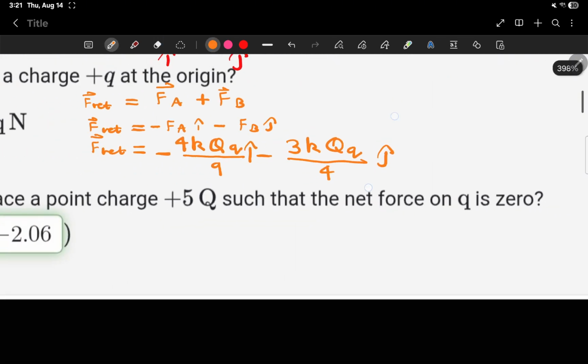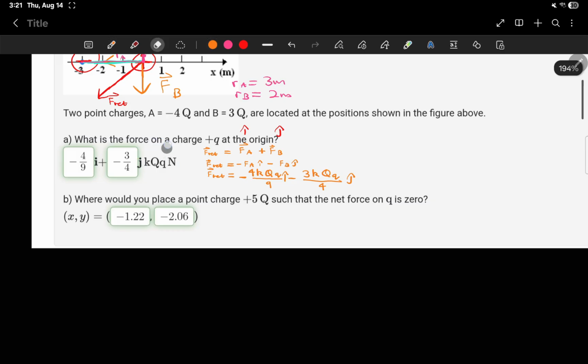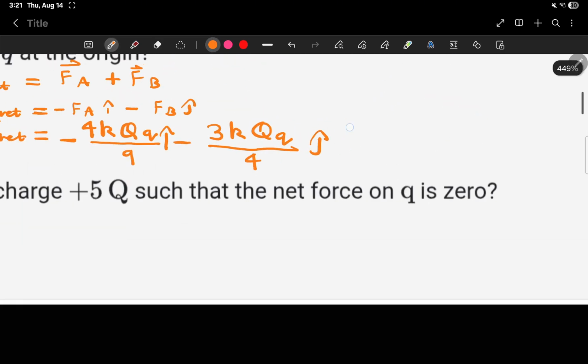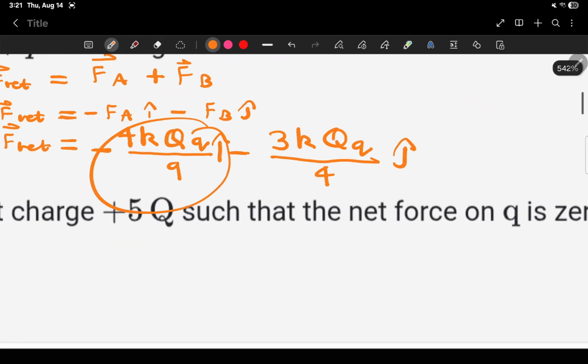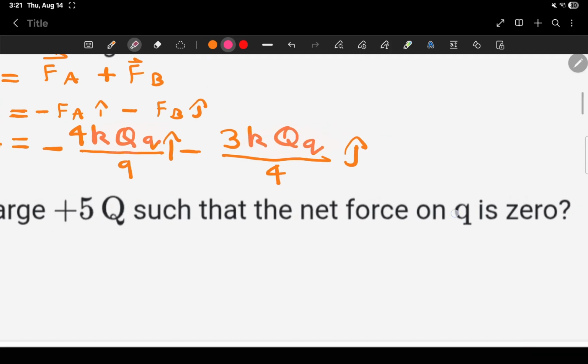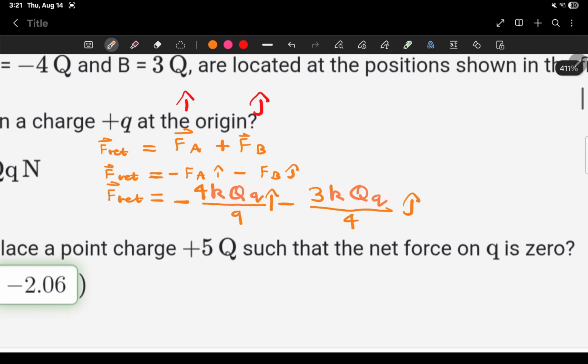Basically, what these guys have done here is the following. I'll write it out for you. We have two terms here, and what's common among all of these terms are these three variables: k, big Q, small q. So we've just factored them out.